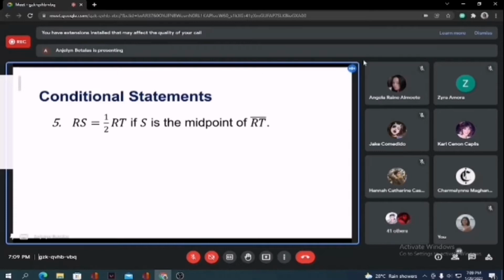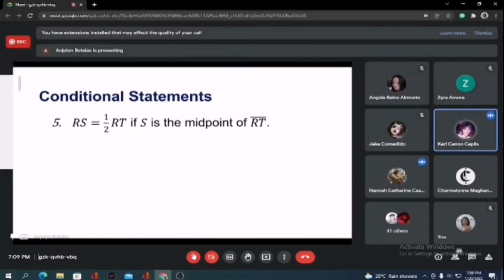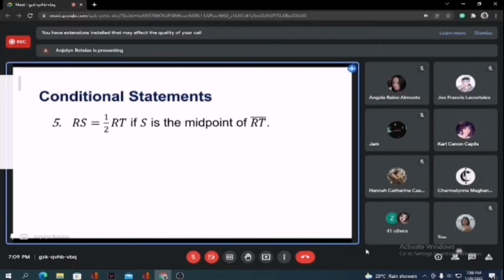Everybody say line segment. A segment is not infinite and has endpoints, but a line is infinite. There is no beginning and no ending.